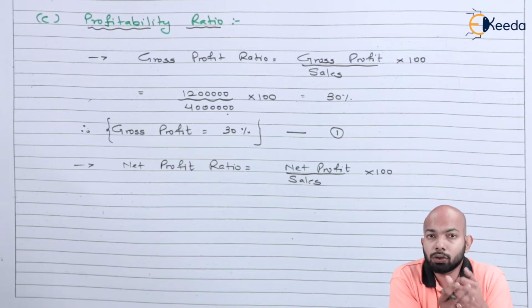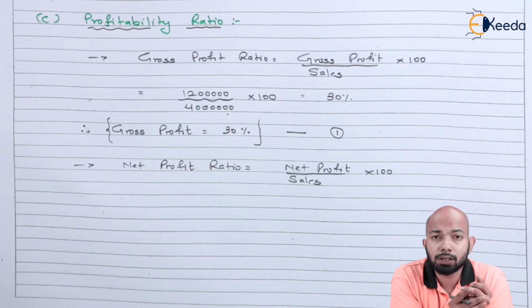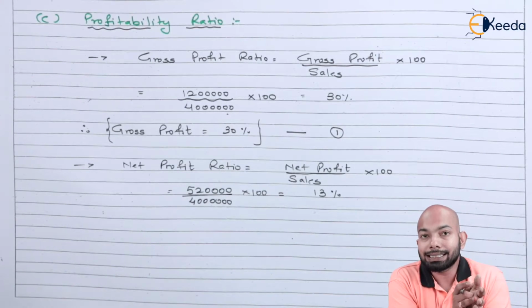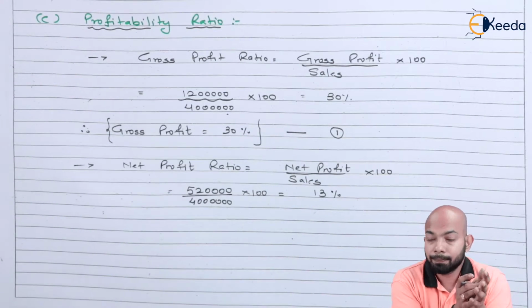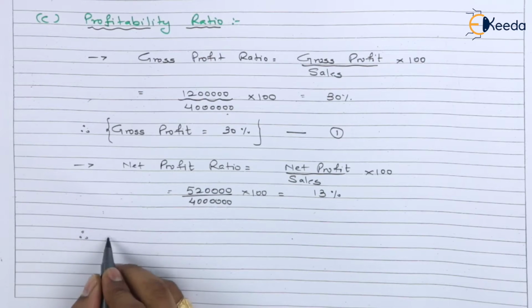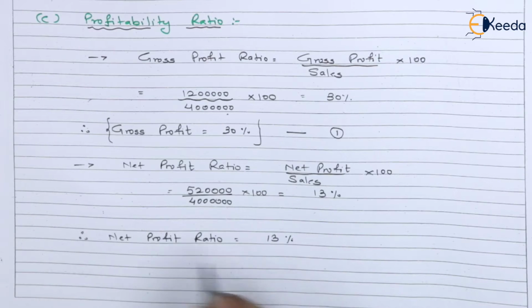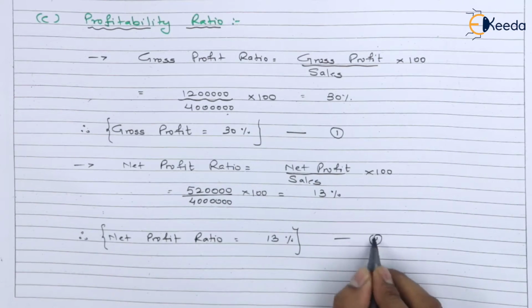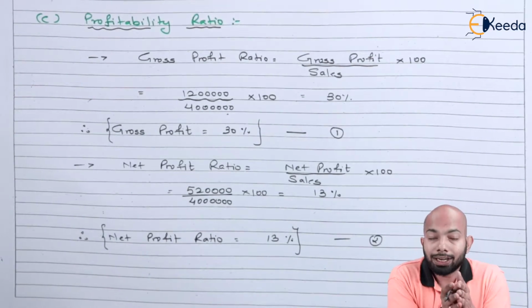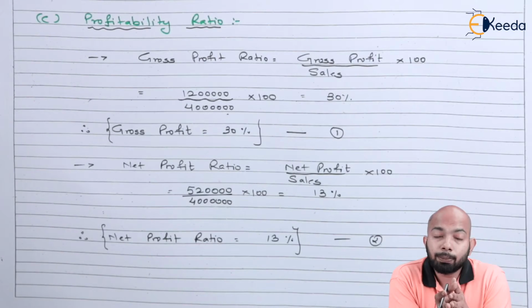Sales amount we already know. So let's figure out how much is net profit percentage. The answer that we get here is 13%. So until now we have calculated gross profit and net profit ratio.